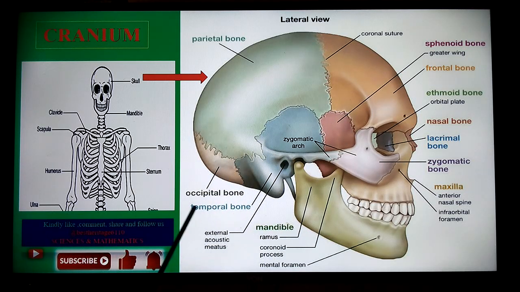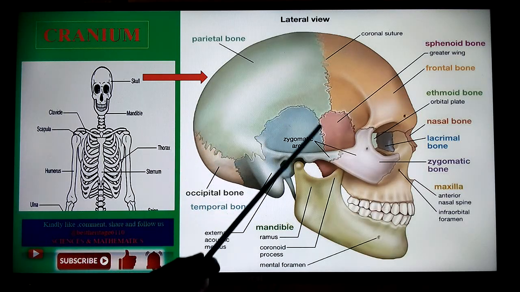The one labeled in blue is referred to as the temporal bone. Then here we have the occipital bone, which is separated using this section being shown here.